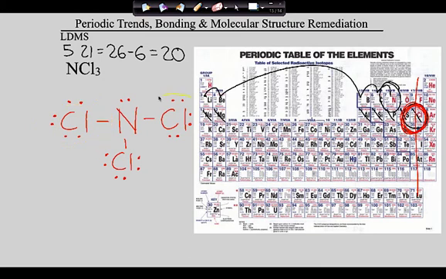You'll notice that on the right, this chlorine also has its 8 valence electrons. If you look down at the bottom, this chlorine also has its 8 valence electrons. And then finally, the nitrogen also has 8 valence electrons, so everybody's got 8, and that would be the Lewis dot structure for NCl3.